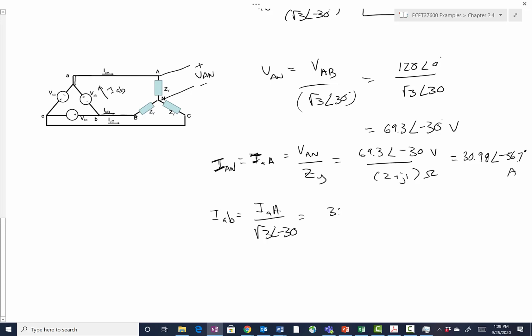So that's 30.98 at an angle of negative 56.7 degrees over root 3 angle negative 30. And that gives you 17.9 at an angle of negative 26.7.